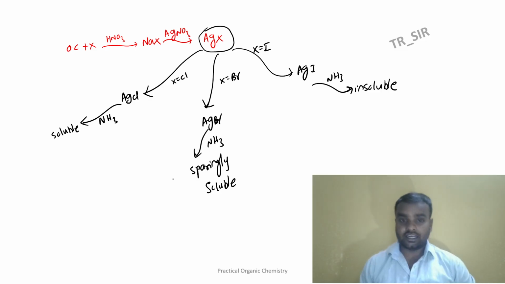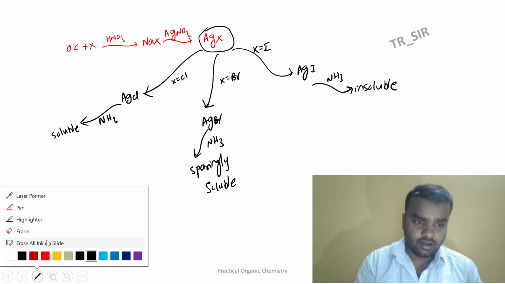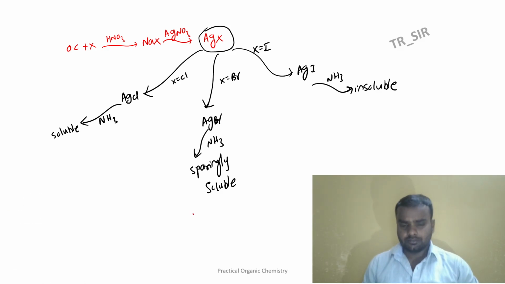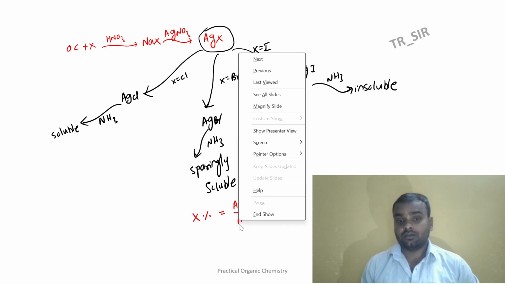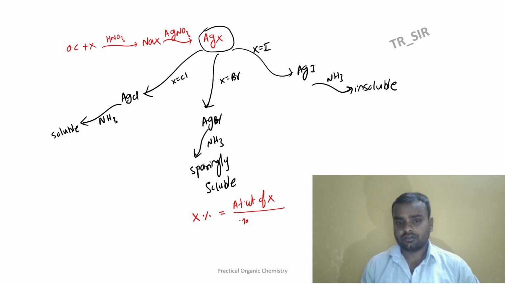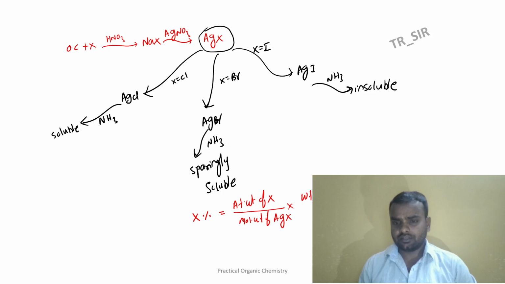Now, if I want to find out the percentage of halogen, how can I find out? Simple one formula. Percentage of halogen is equal to atomic weight of halogen divided by molecular weight of AgX, into given weight of AgX, divided by weight of organic compound, into 100.